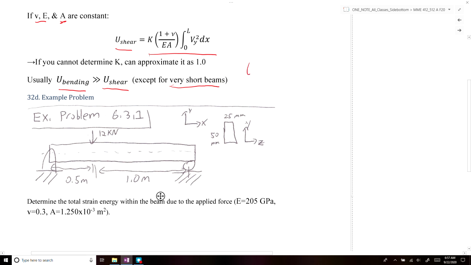And again, just to remind you, the total strain energy is just going to be equal to U bending plus U shear in the case of transverse loading. In the next video, we're going to do an example problem that will be used to calculate U of bending and U of shear, the strain energy due to bending and the strain energy due to shear.